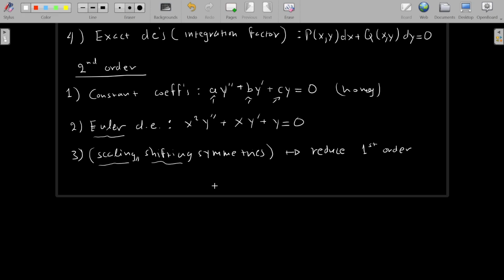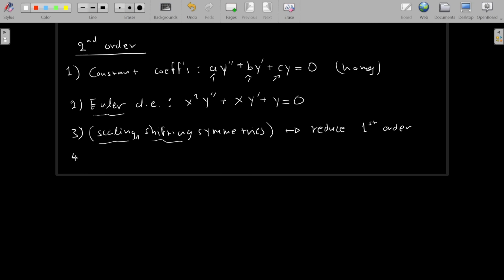And we can exploit these techniques, both scaling and shifting, when necessary, to be able to do that.